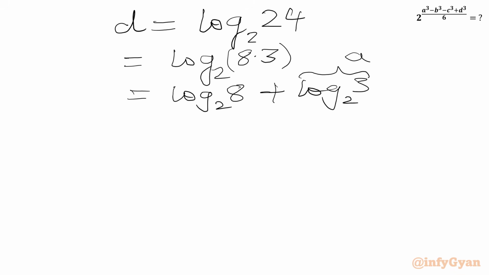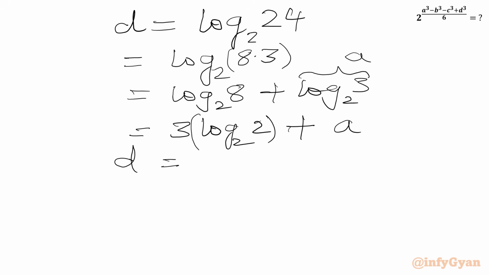Log 3 base 2 is a. 8 can be written as 2 cube. So this is equal to 3 times log 2 base 2 plus a. Log 2 base 2 is 1. So yes, we are getting d equal to 3 plus a, d as a function of a. So d equal to a plus 3.